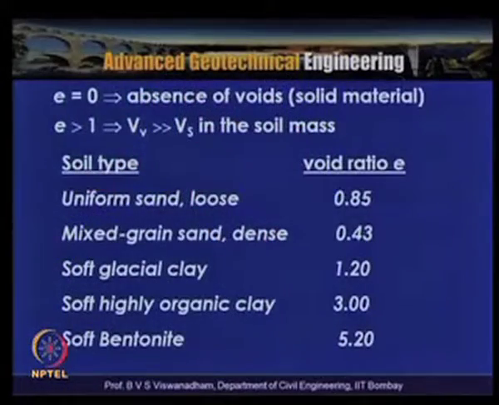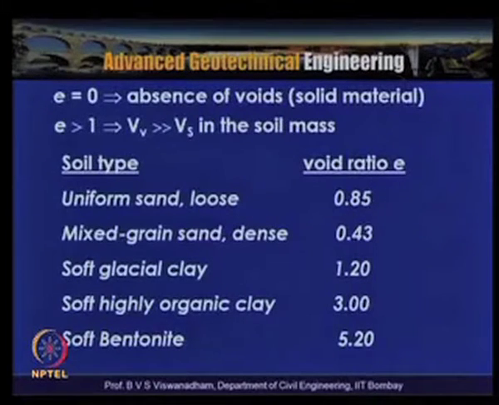So, void ratio is defined as Vv by Vs. For any solid material, e is equal to 0, which means absence of voids, and e greater than 1 means that the volume of voids is many times more than the volume of solids. For a typical soil, the void ratio ranges from about 0.4 to around 5.2.